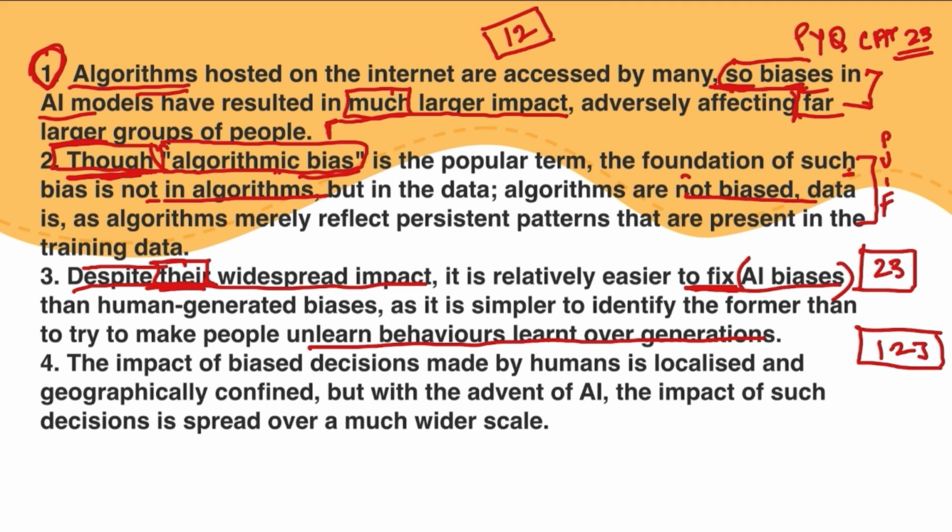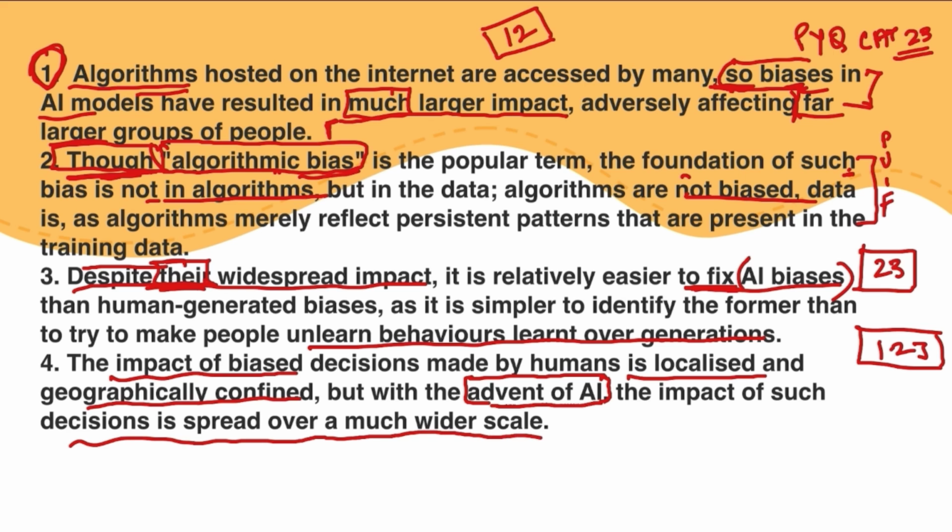The impact of biased decisions made by human is localized and geographically confined. But with the advent of AI, see, it says advent of AI. So chronology basis tell us that everywhere in the last 3 sentences we were talking about the impacts of AI. Here we are talking about advent of AI, so which is obviously going to come earlier, right? The impact of such decisions is spread over a much wider scale.